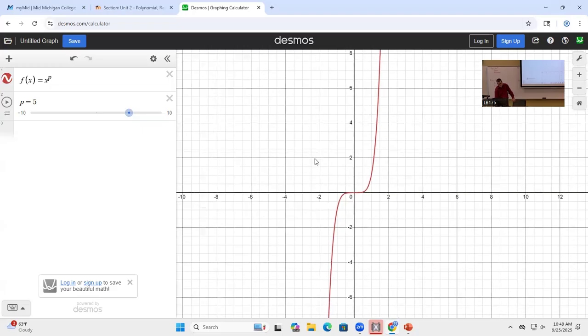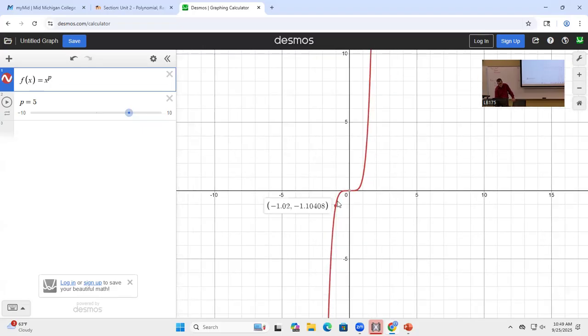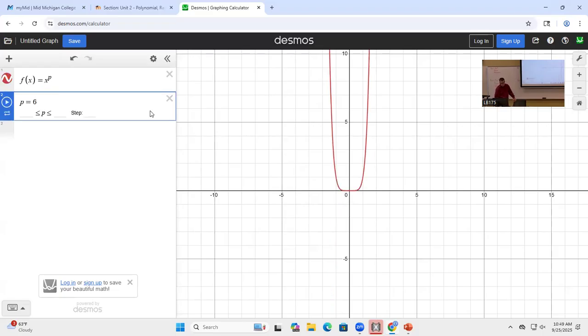At certain times, like when we put p equals 5, we have this sort of shape where we start on the bottom left, move up and to the right. If you have p equals 6, we get kind of a parabolic shape, but it's not quite a parabola.